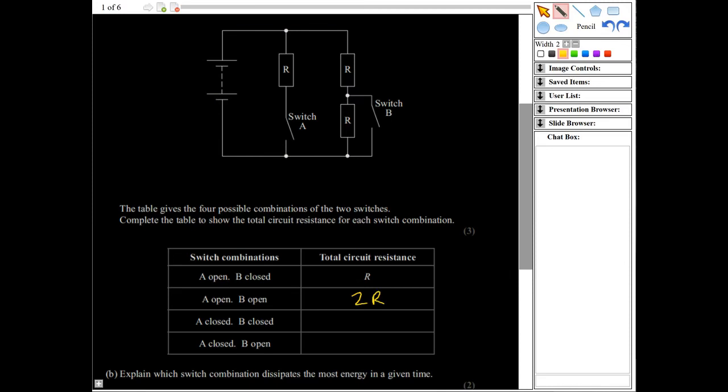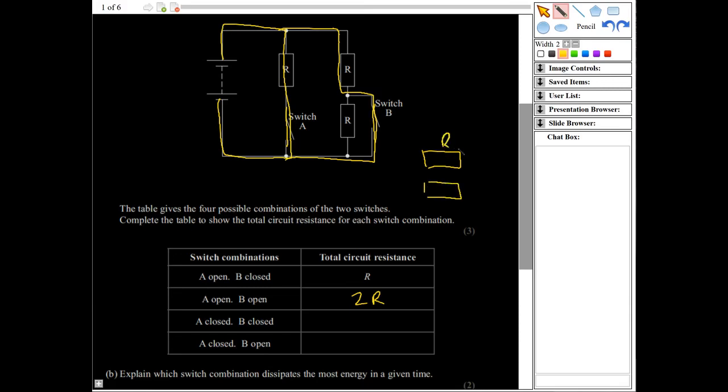Okay, then it says A is closed and B is also closed. So in that case, this would be closed and this would be closed. So we'd have the possibility for the current to go around this way, and also the possibility for the current to go around this way. So what we'd have here is effectively 2 resistors in parallel with each other, like that.